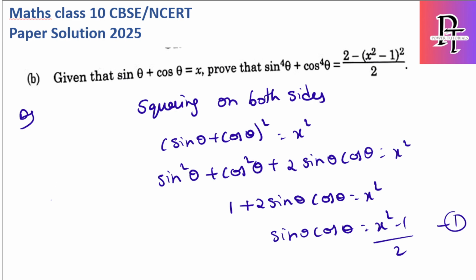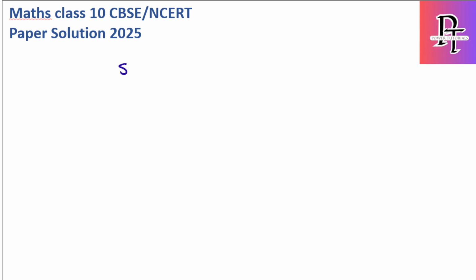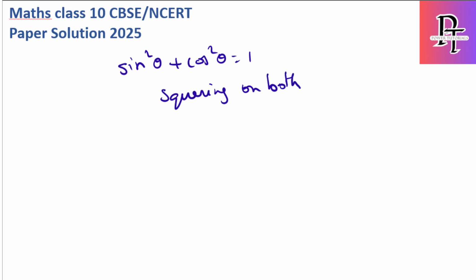Now next point, let's use the identity here. Sin square theta plus cos square theta is equal to 1. So let's square this on both sides. If I square this on both sides, what will happen?